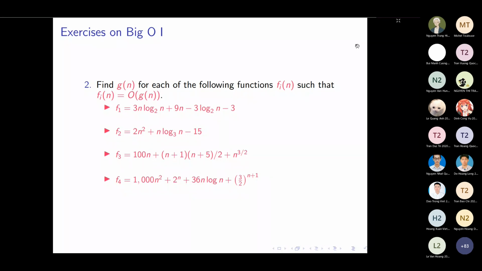For F3, I choose n0 equal to 5 and C equal to 103. I can upload my answer. Okay, thank you. That would be best.